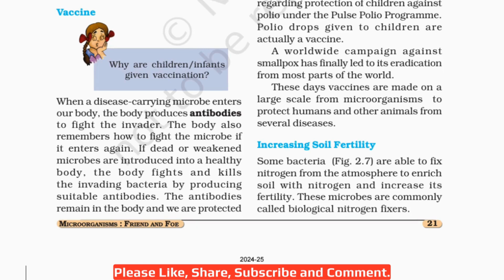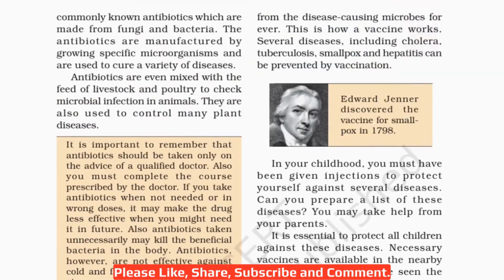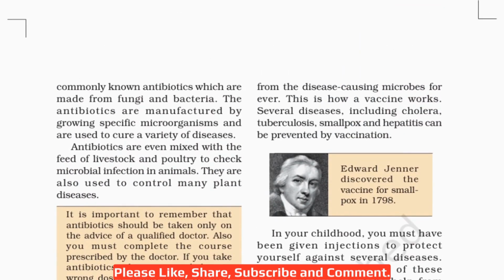The body also remembers how to fight the microbe if it enters again. If dead or weakened microbes are introduced into a healthy body, the body fights and kills the invading bacteria by producing suitable antibodies. So antibodies remain in the body and we are protected from the disease-causing microbes forever. This is how a vaccine works.